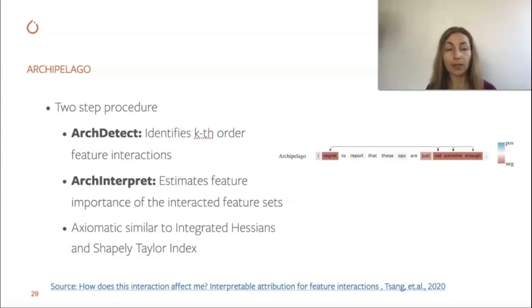After it detects the interactions, in the second phase it computes the attribution by taking into account the interaction terms that were estimated in the first stage. In this case, we can see some results that were returned from Archipelago. For example, the expression "not extreme enough" has a high interaction score according to this method.